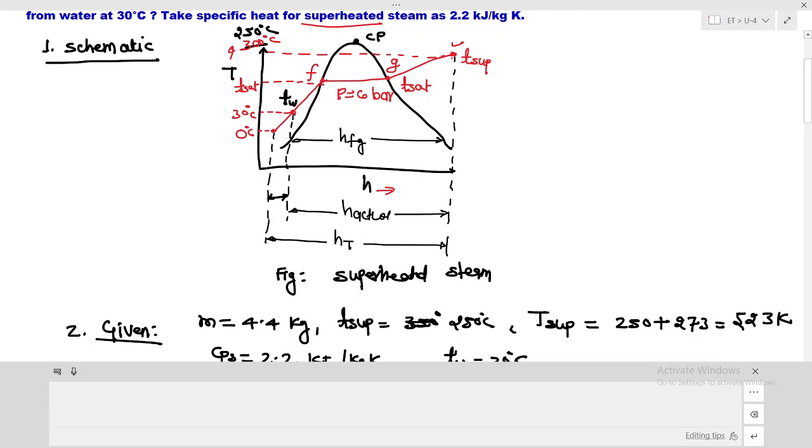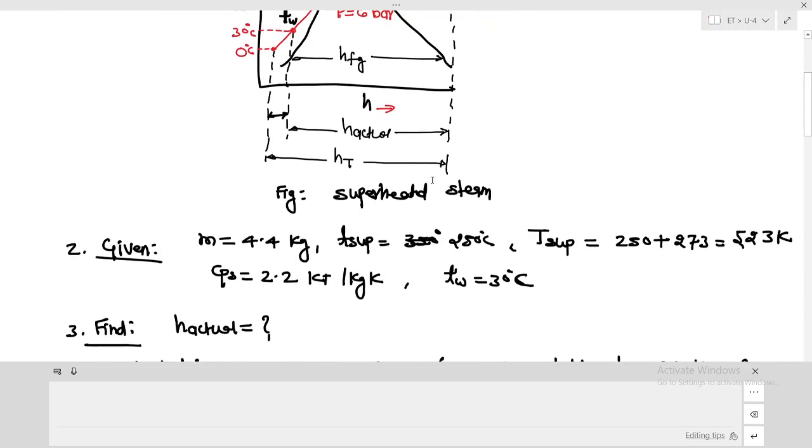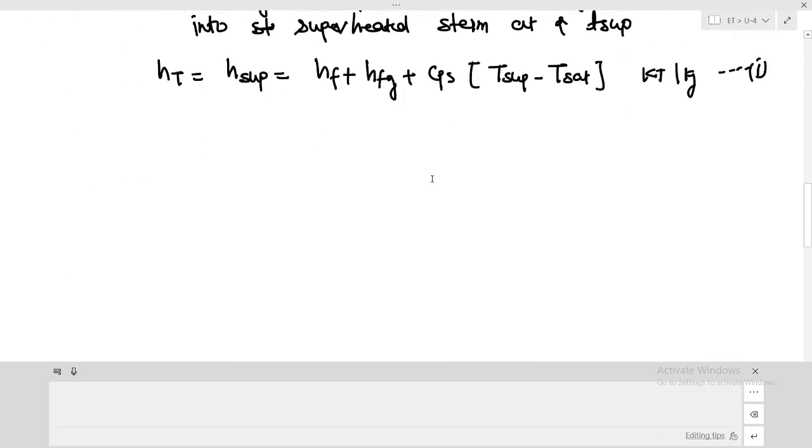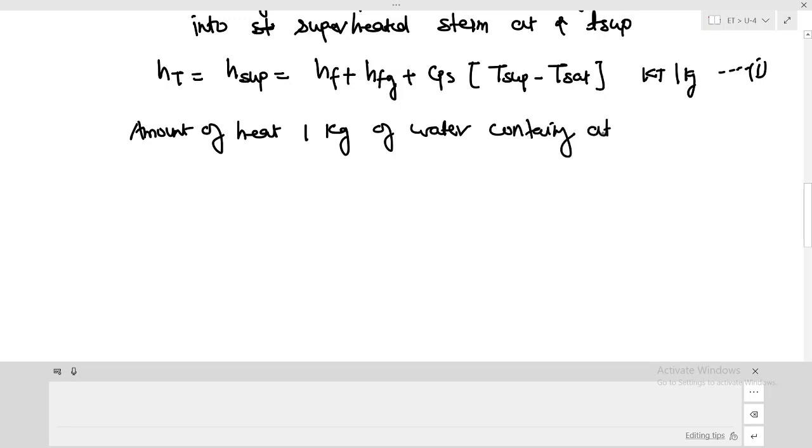So by virtue of water being at 30 degrees Celsius, how much heat will it already have? The amount of heat 1 kg of water contains at 30 degrees Celsius will be called the enthalpy of water.